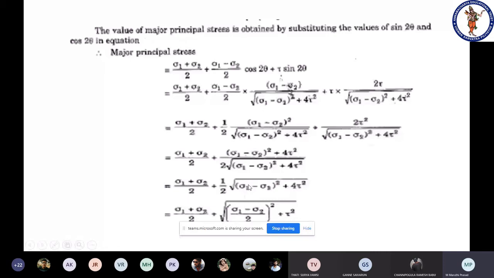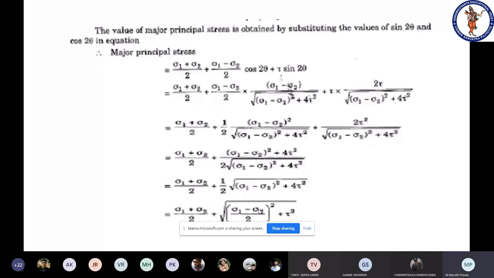Here we have taken half from the root. In the second equation, we have taken that half into the root. When we have taken half into the root, it becomes 1 by 4, right? That's the only difference. Both the equations are same. After getting this equation, we have simplified this. So this is the equation for major principal stress.